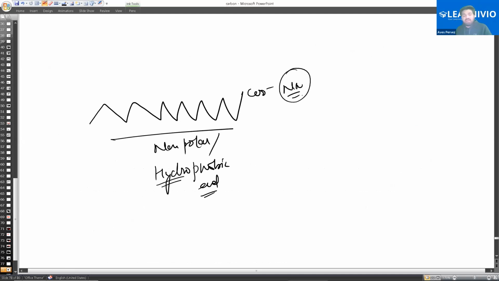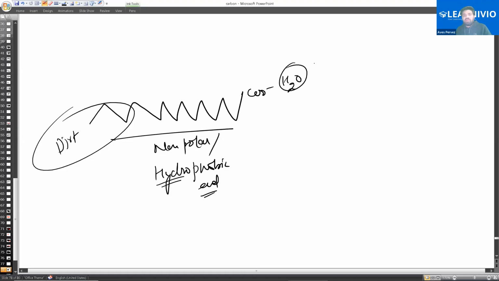When we add it to water, this Na gets ionized, and the water molecules get attached with this end, while the other end gets attached with the dirt. Dirt is also non-polar, so the non-polar end is attracted towards the dirt, and the polar end gets attached with the water.